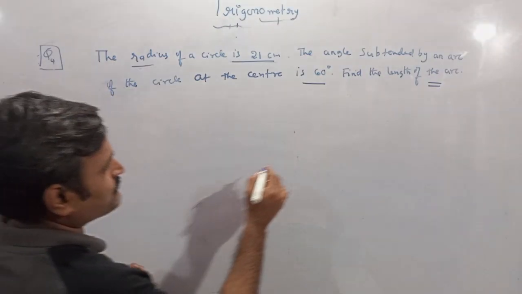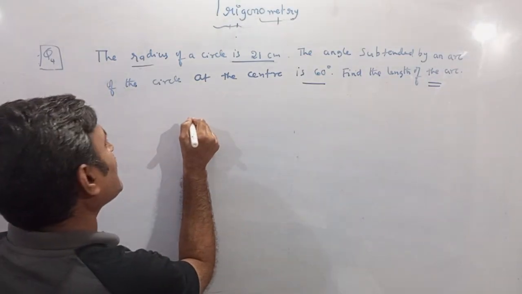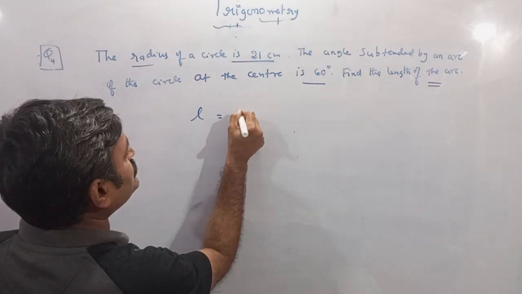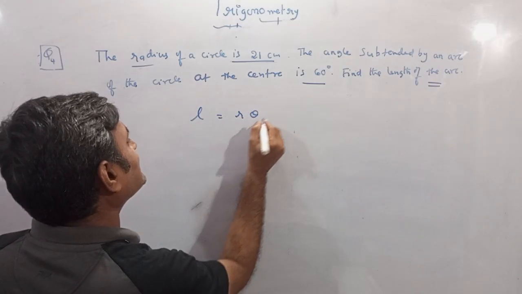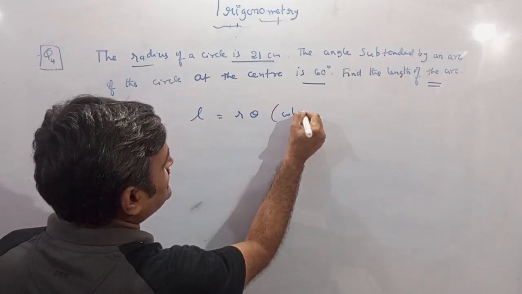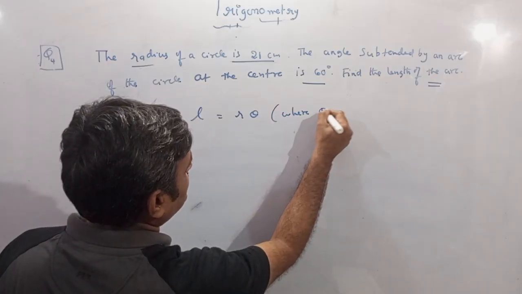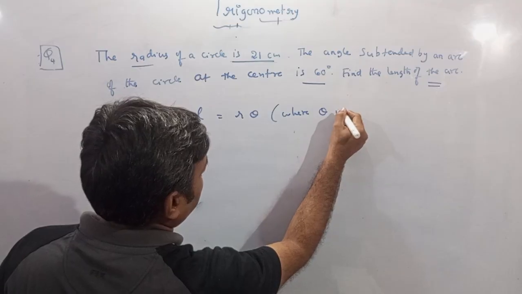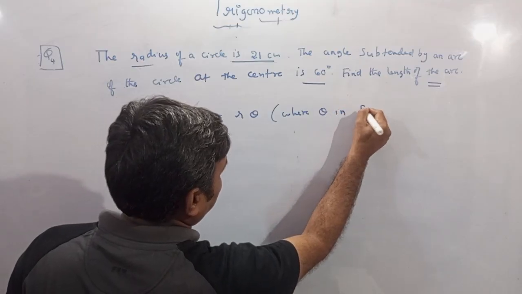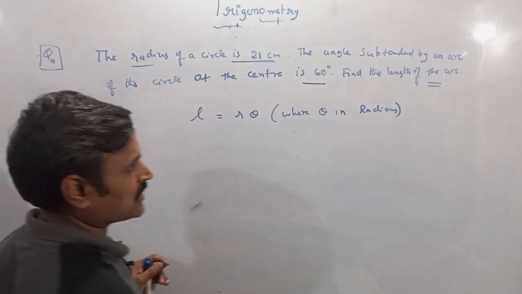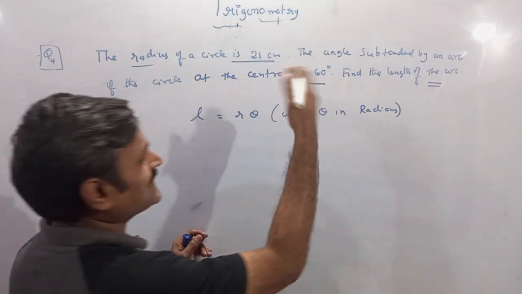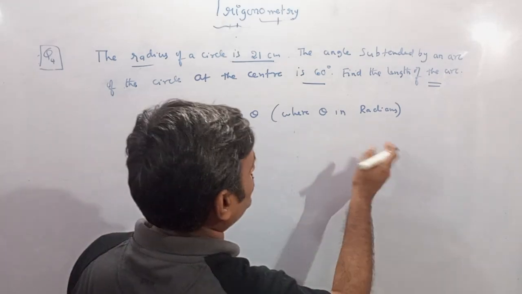Actually, in the formula we have length equals radius into theta, where theta is expressed in radians. So the degrees given to us should be converted into radians.